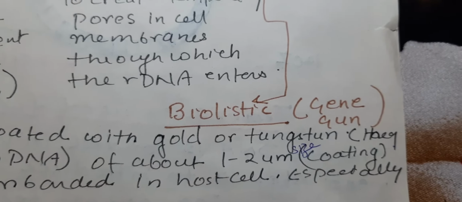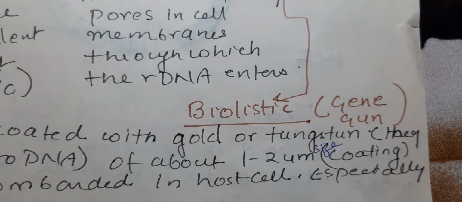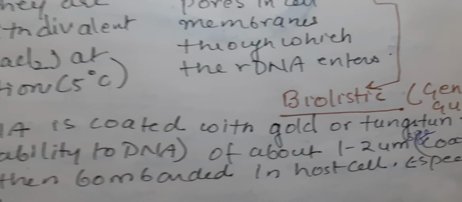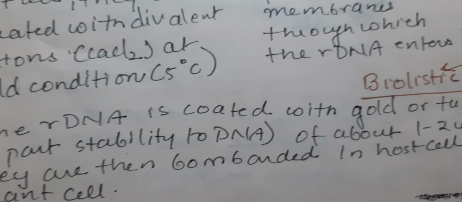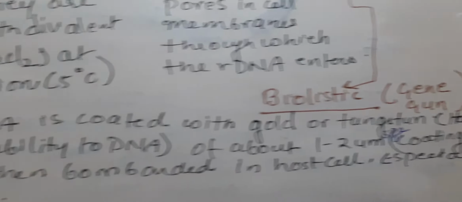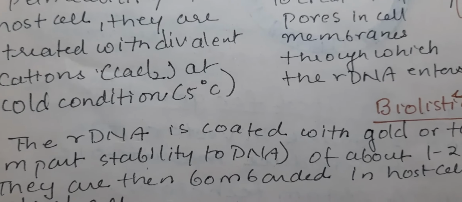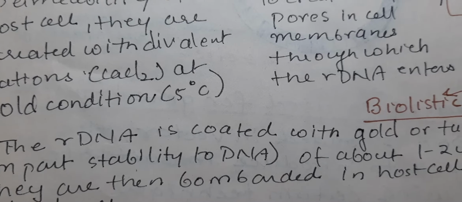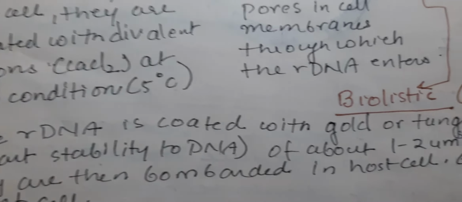Another method is biolistic. We also say this is the gene gun method. In this, the rDNA is coated with gold or tungsten. The gold imparts stability because gold will not react with DNA.